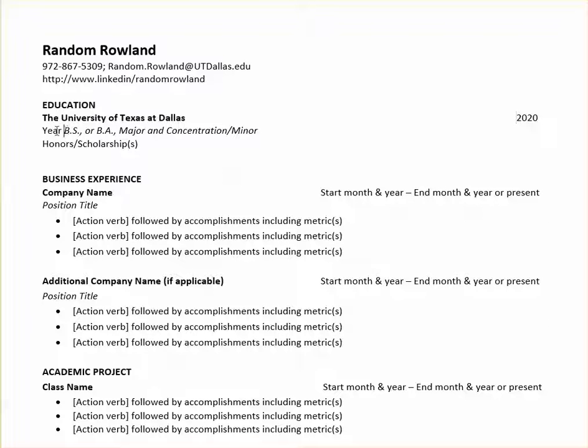Now, let's say this person is getting a BS in finance, Bachelor of Science, finance, and then maybe a Davidson scholar. Let's see.